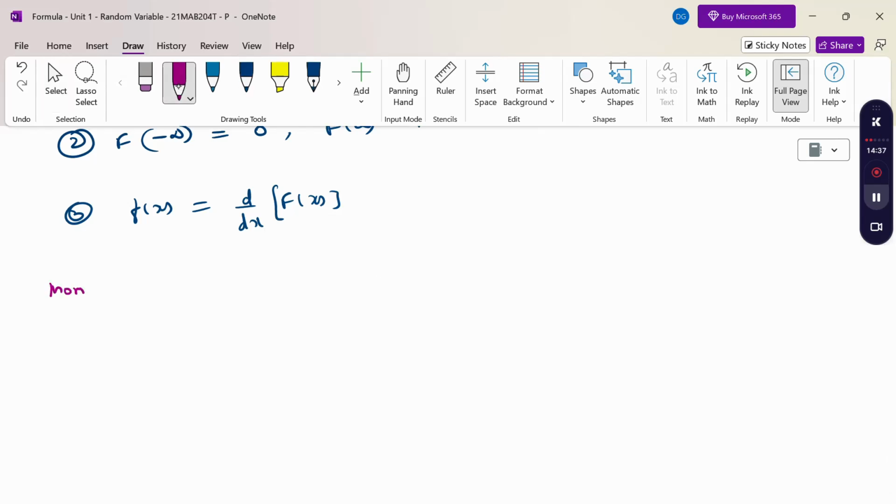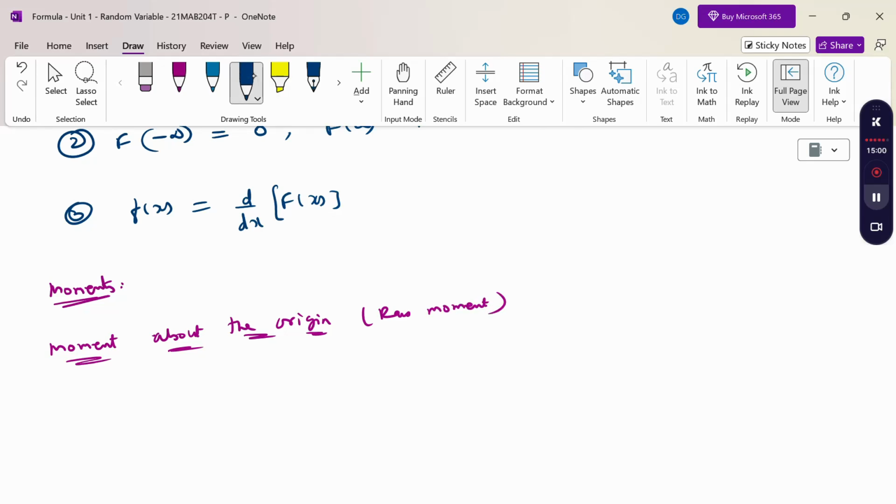And then moments, the formula for moments. The moment about the origin is nothing but the raw moment.